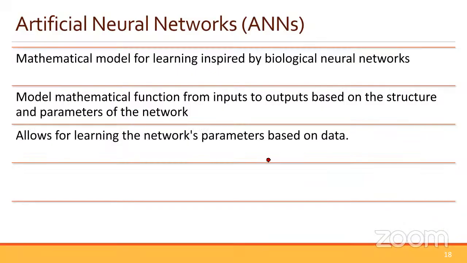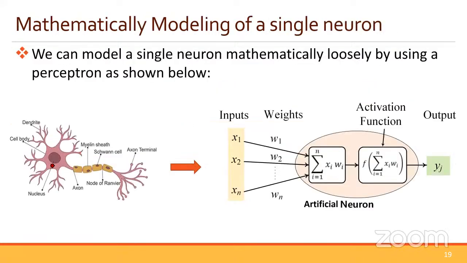The artificial neural network is basically a mathematical model for learning, inspired by the biological neural network that we have in our brains. In our brain, we have neurons like this one that take all the inputs from your senses, and then try to translate them with a certain relationship in order to have a conclusion and an output.